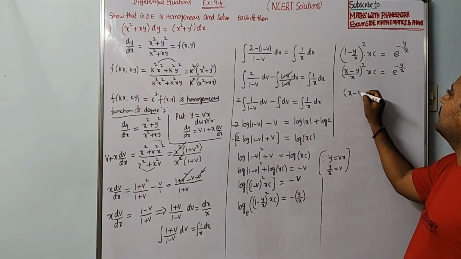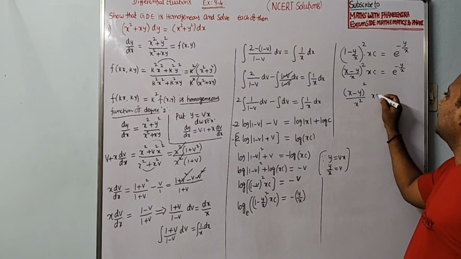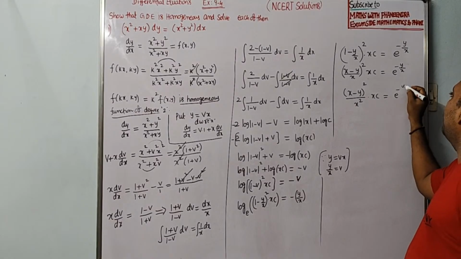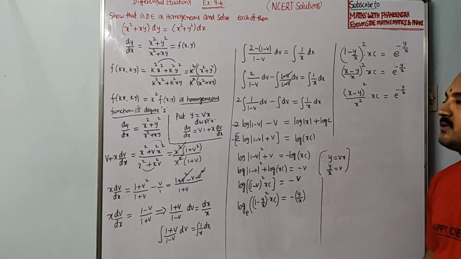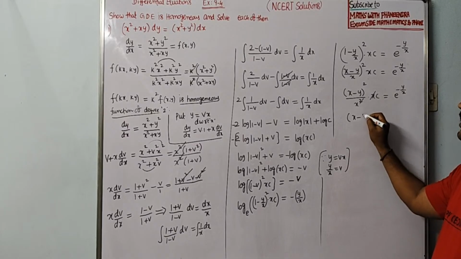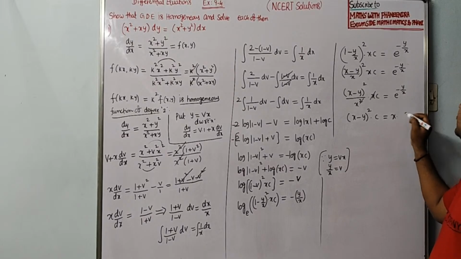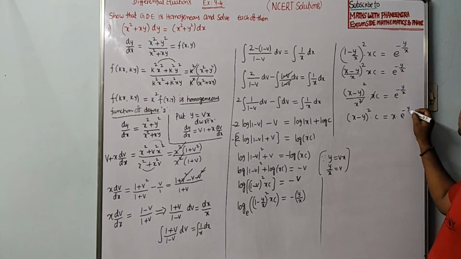So we can write it as (x minus y) whole square by x square into xc equal to e power minus y by x. So one of the x cancels here. Bring the sign: (x minus y) whole square into c equal to x into e power minus y by x.